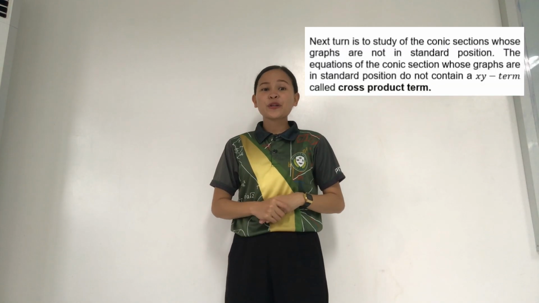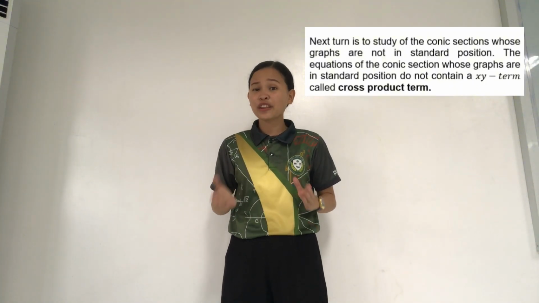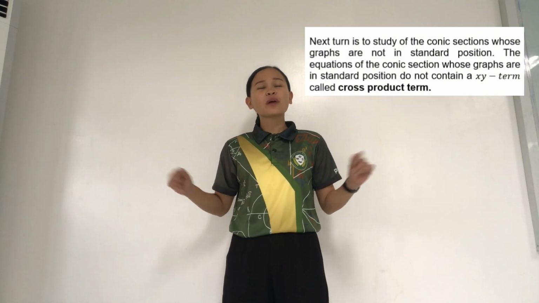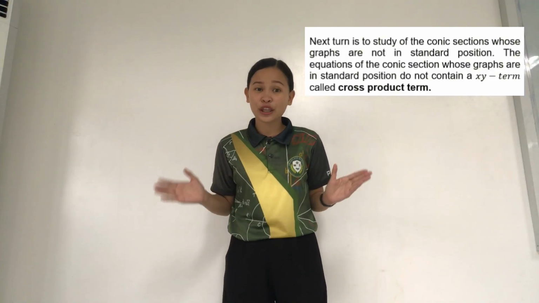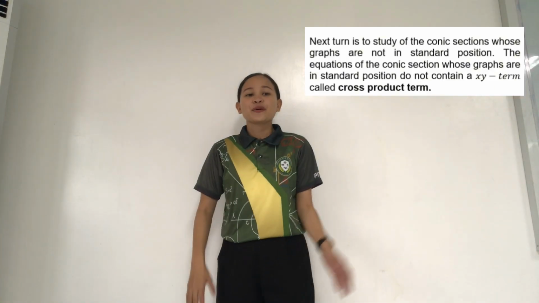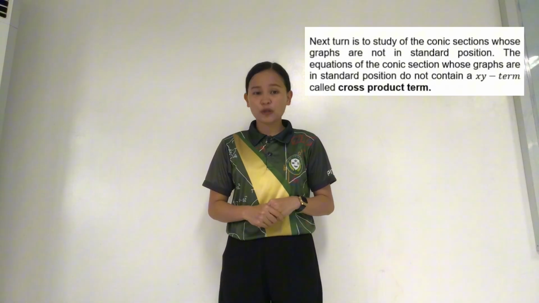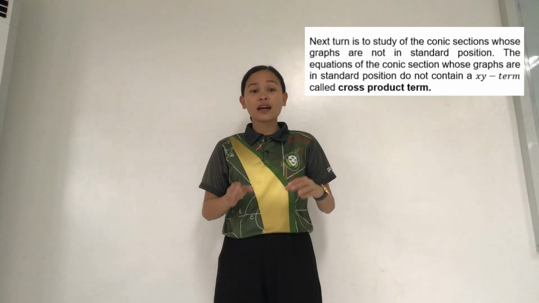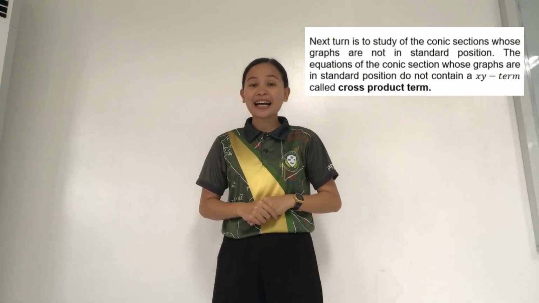Okay, next, let's turn to study the conic sections whose graphs are not in standard position. We're going to identify when the graph is not in the standard position. The equation of a conic section whose graph is in standard position does not contain an xy term, that is called a cross product term.